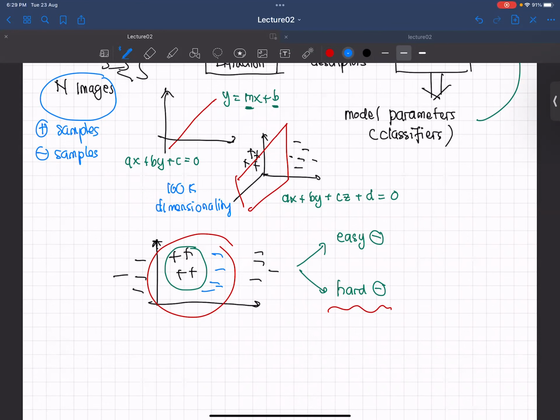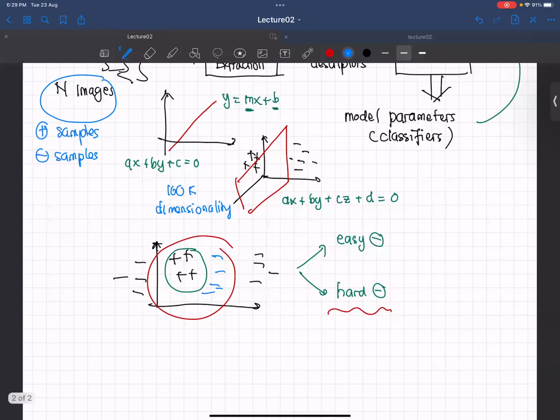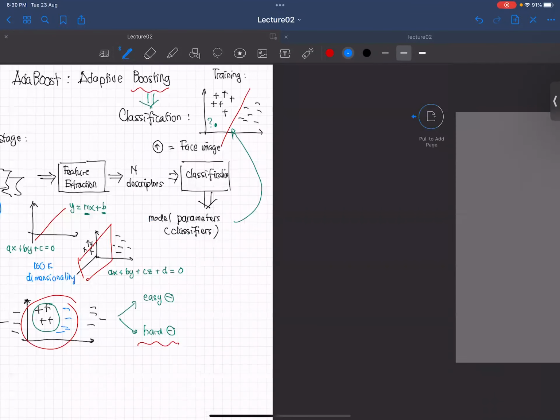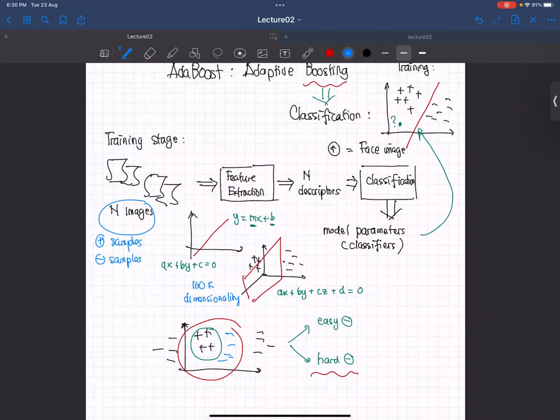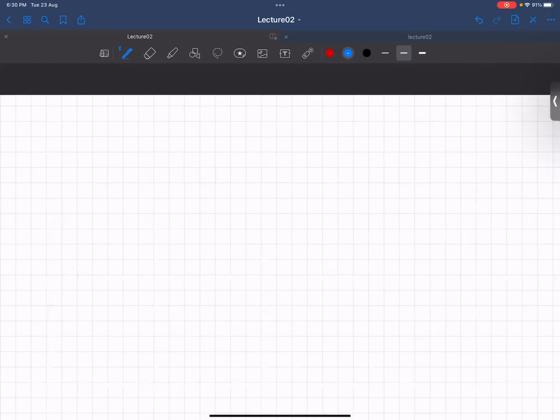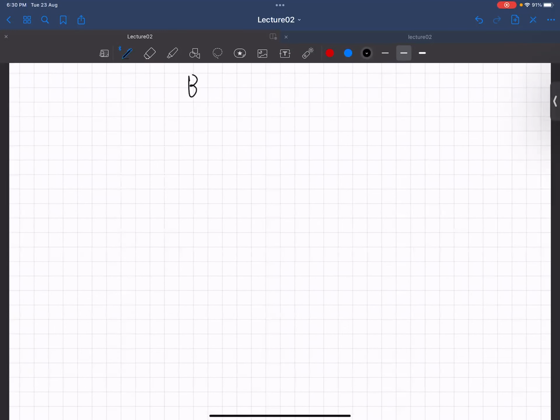Okay, so let's now look at how we can get this line, right? Because finding this line is actually difficult. As I mentioned again, we are discussing general classification, but now let's look at the idea of AdaBoost, or boosting in the first place.